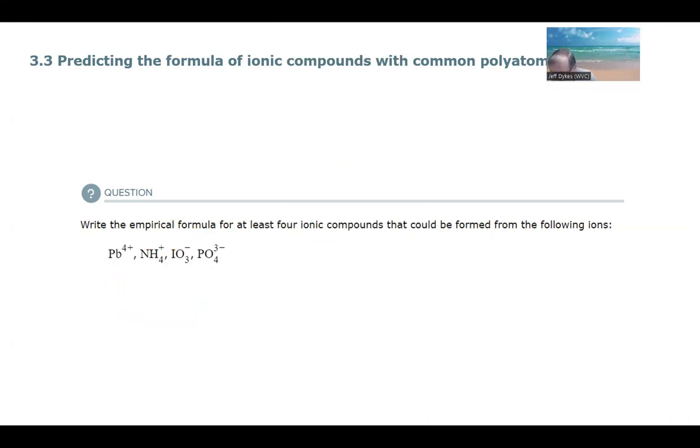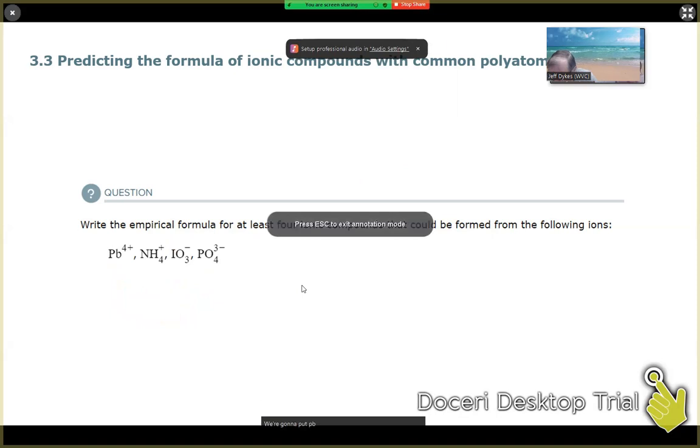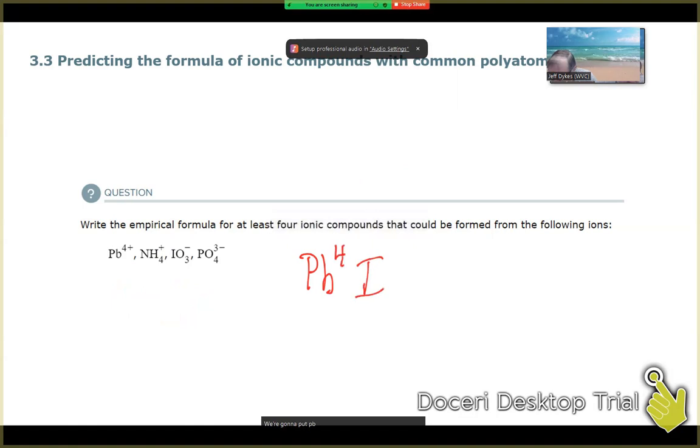All right. So we're going to put Pb. Do the first one, Pb, and then IO3 minus 1. Okay, so the crisscross will be down there and then this one. So we get Pb1, IO3, 4.